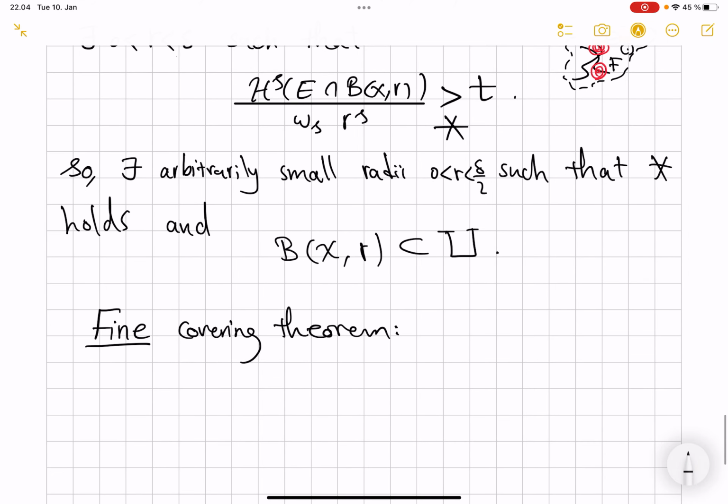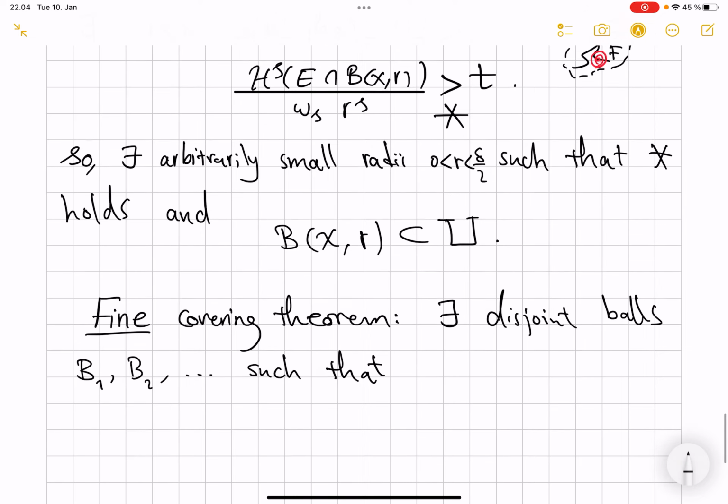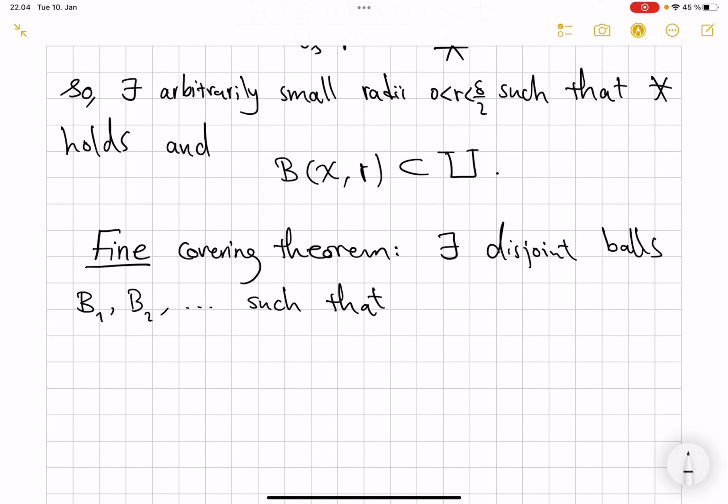And when you have such a collection of balls covering a set, you can do better than the 5R covering lemma. And the better than the 5R covering lemma is the following. There exist some disjoint balls B_i such that, they are disjoint just like in a Vitali covering, and they still cover your set.